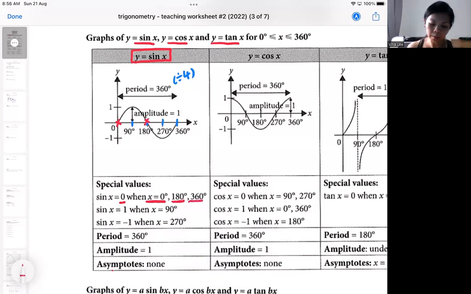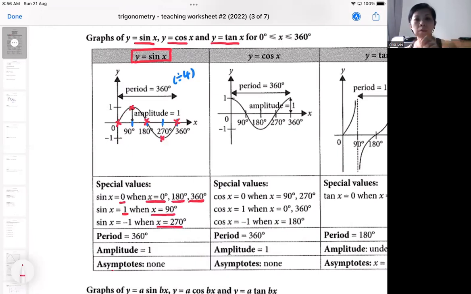So you get 0 when you punch sine 180 and sine 360. You also get sine x equal to 1 when x is equal to 90. You can try punching sine 90, it is equal to 1. Then try punching sine 270, it is equal to -1. These are what I will call the guiding points.